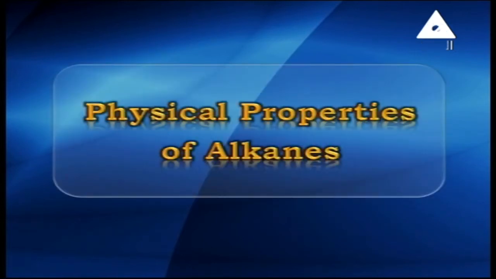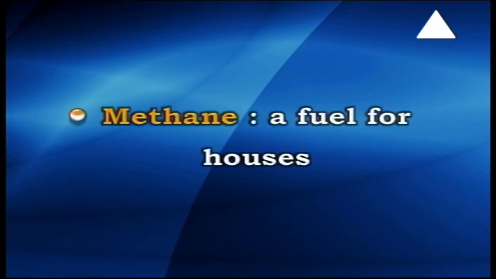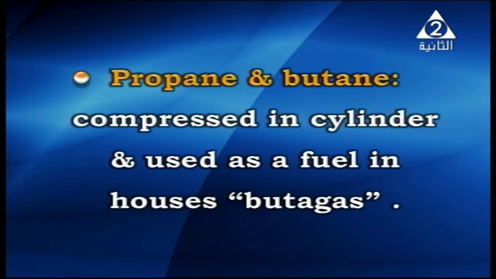The physical properties of alkanes. The first four compounds are gases, from C1 to C4. Methane is a fuel for houses. Propane and butane are compressed in cylinders and used as fuel in houses, called butagaz.